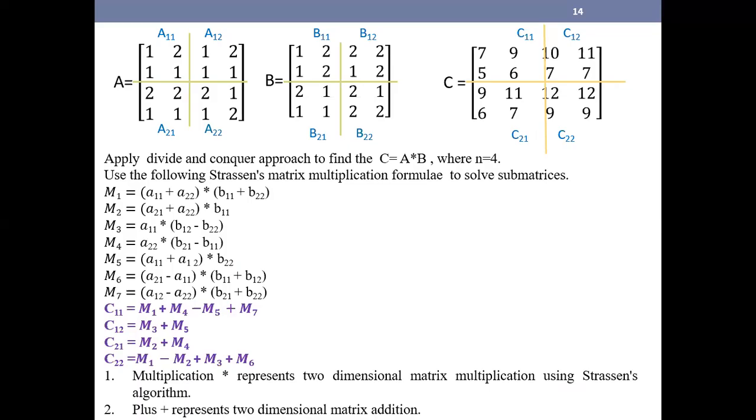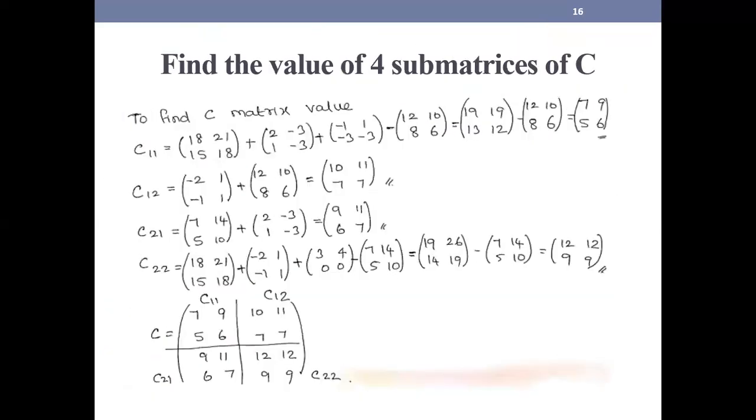So find out C11, C12, C21, C22, that is, find out the sub matrices of the output matrix C. That is the formula, 4 values, with matrix additions and subtractions. So substitute these values C11, C12, C21 and C22 in the C matrix. So this is the final result of the C matrix.